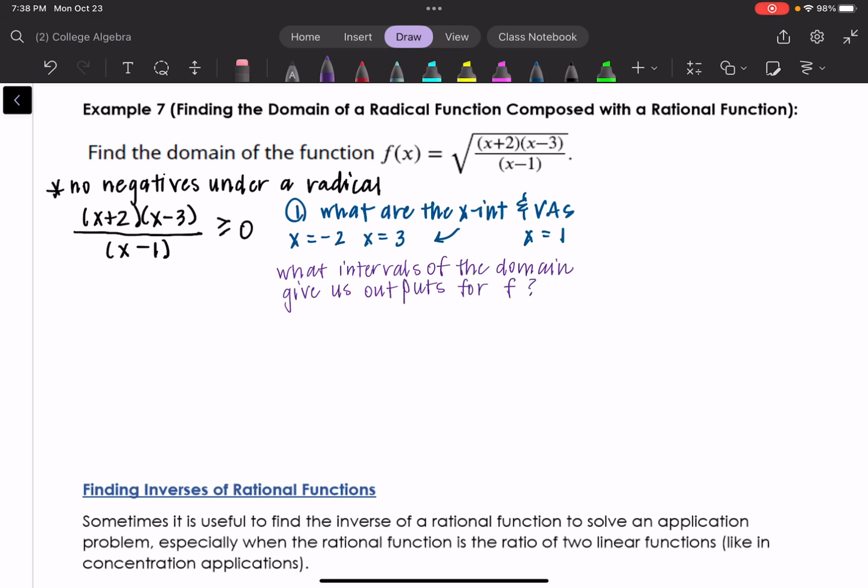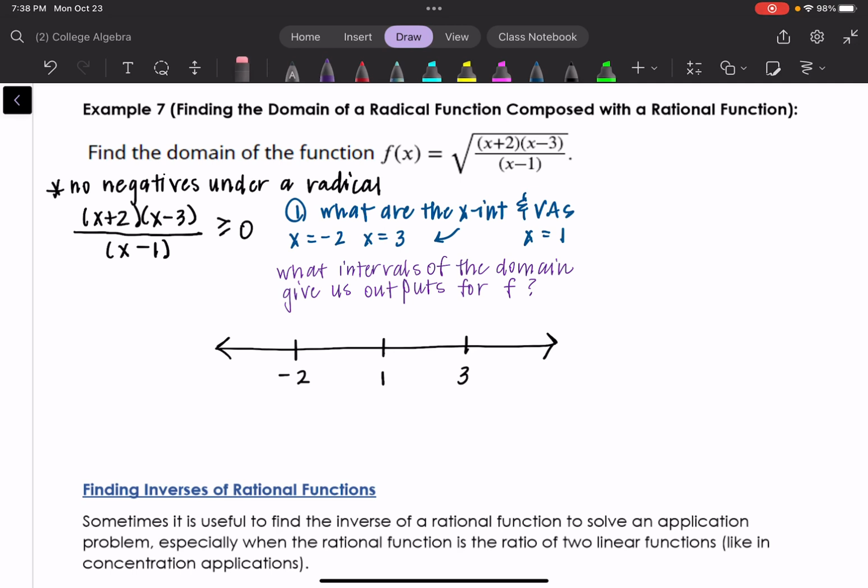One of the easiest ways to do that is, I like to draw a number line, because that helps me visualize what's going on. So here I'll place my vertical asymptote, and then over here would be 3, and over here would be -2, which are my x-intercepts. So I know that there are potentially some things changing at these special values.